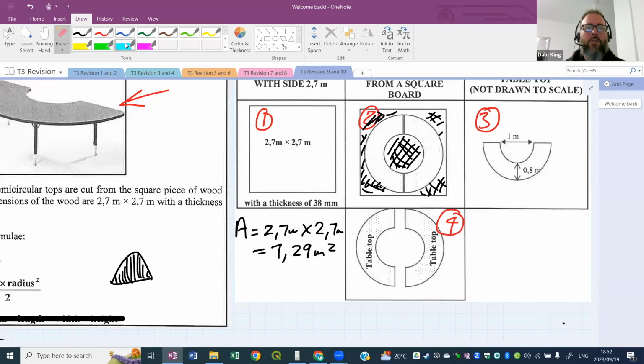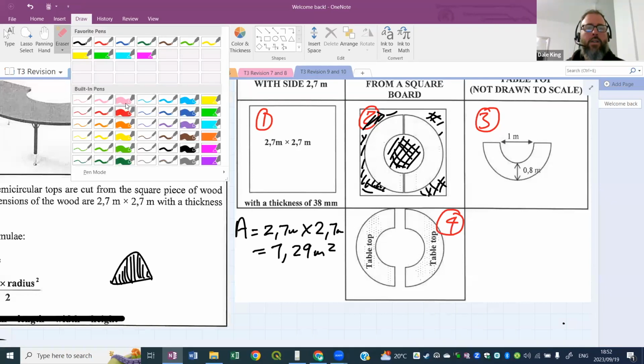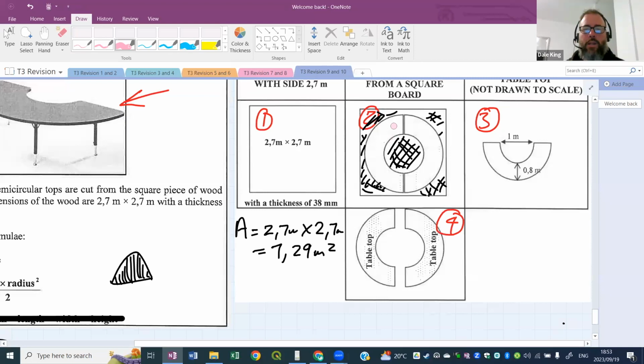What he's saying is, when you take this square and cut out, let me highlight it with a nice pink color, these semicircles here, and they put together, it's like one big circle. When you cut this shape out, you're left with 2,01. Let's read the question again.